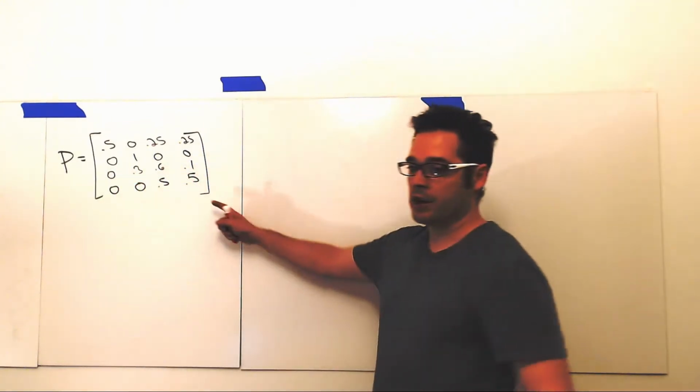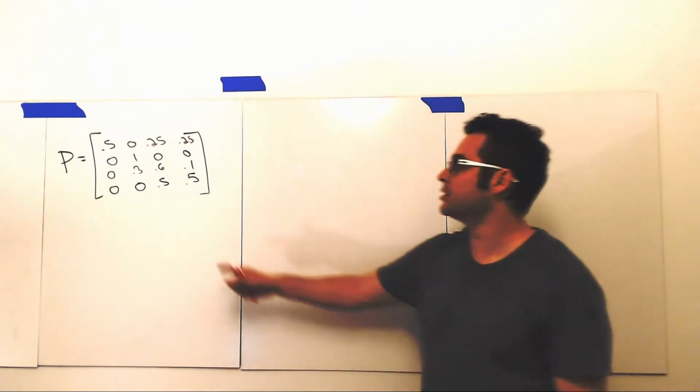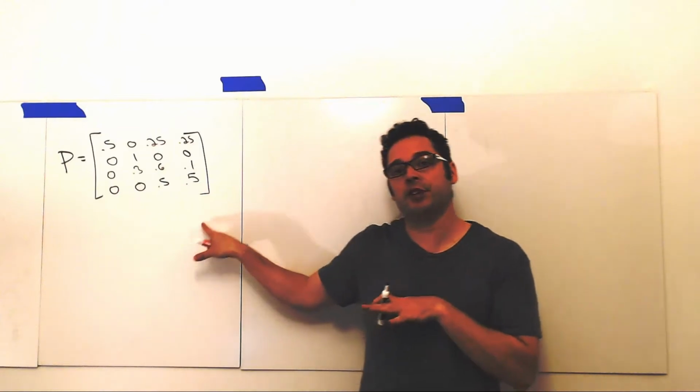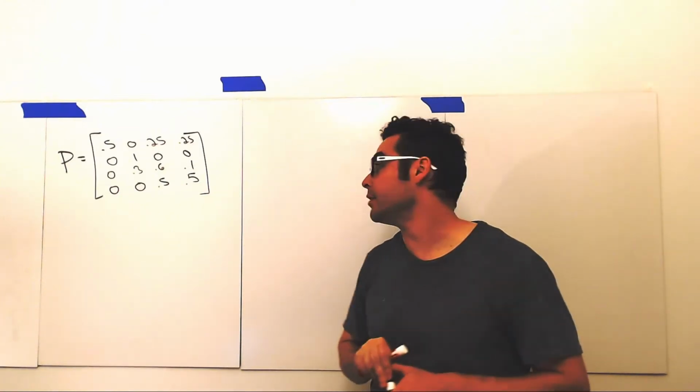There we go. So here goes a transition matrix P, and we want to go from this transition matrix to a state diagram.